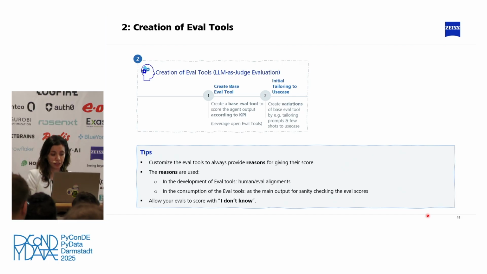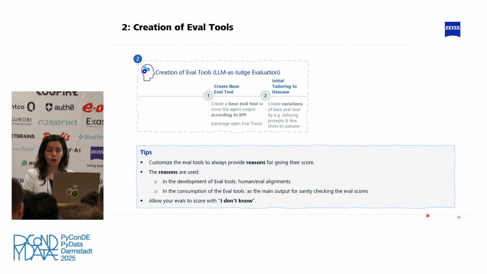These reasons are highly valuable, both for the development of the eval tools when you are aligning your eval with your human, and also for the consumption of your eval tools. Why? Because they would be the main output to sanity check whether your eval tool is generating something meaningful or is actually hallucinating.